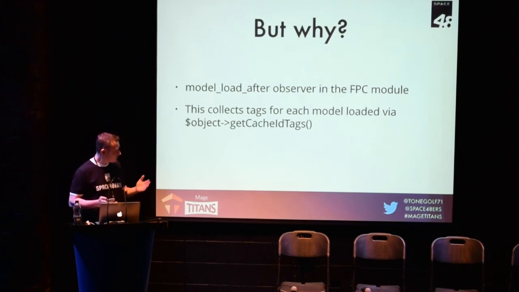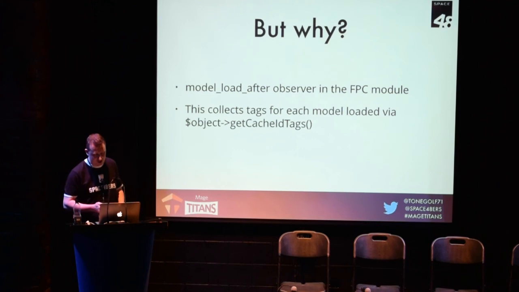So let's imagine on a product page, you're adding in a featured review. You're going to load that model at some point in the execution for that product page. So that's going to get cached. We want a cache tag for that model that's being loaded to be added in, to be associated with that cache entry, so that when that review changes, it will get flushed out and the page will be refreshed.